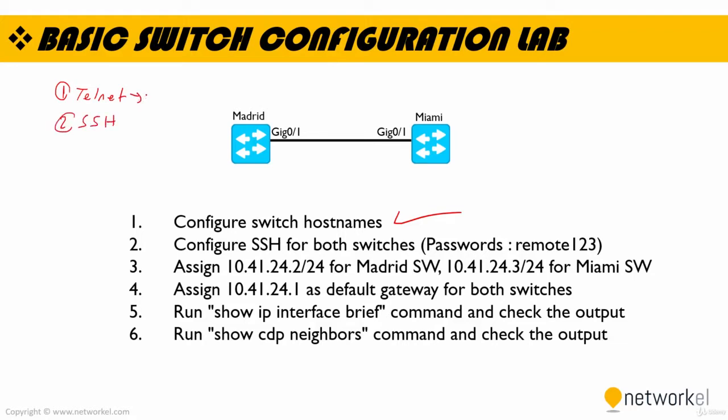Telnet is an unsecure protocol, and SSH is a secure protocol because SSH is encrypting your session while you are connecting to the remote device. So what we always recommend is to connect via SSH instead of Telnet. So we need to configure SSH right now.